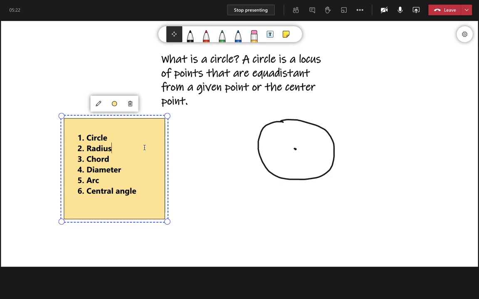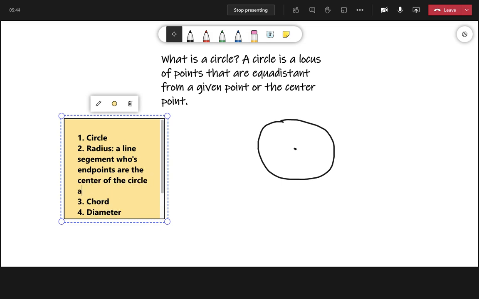Now let's talk about the radius. The radius is a line segment whose endpoints are the center of the circle and the circumference.